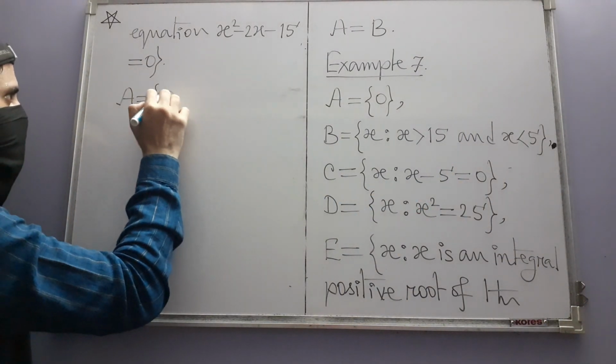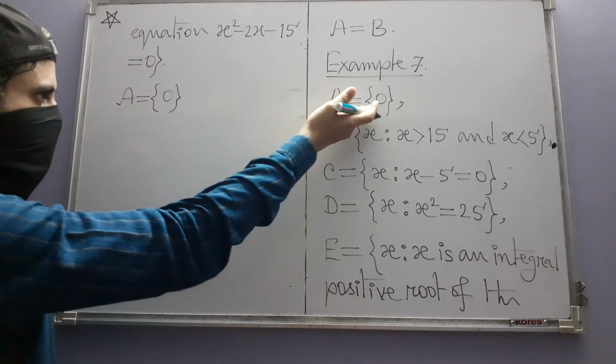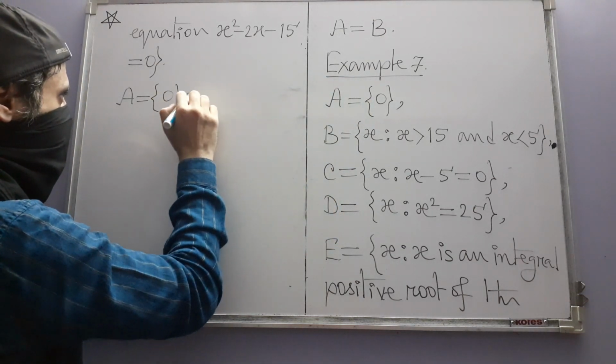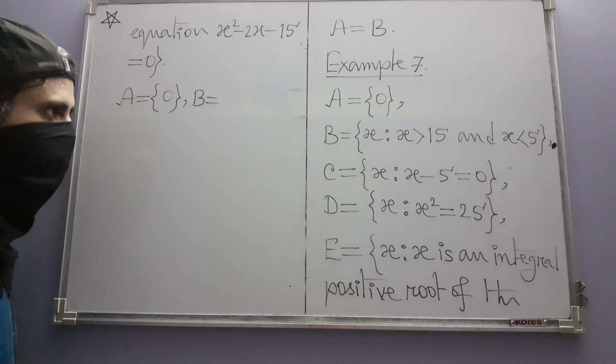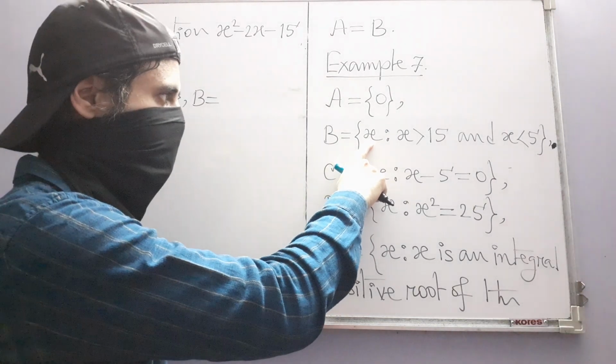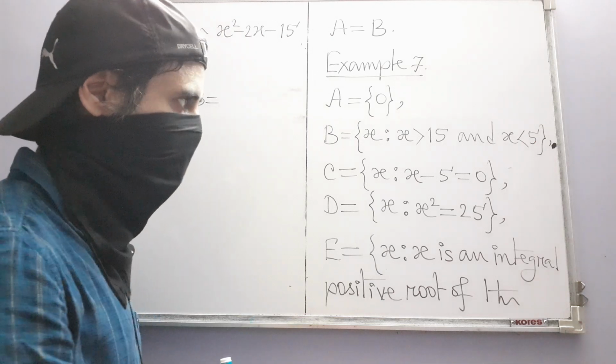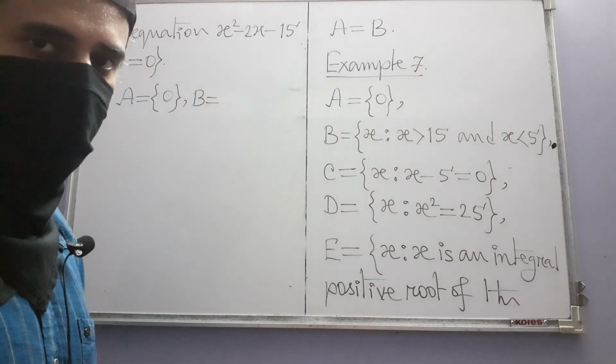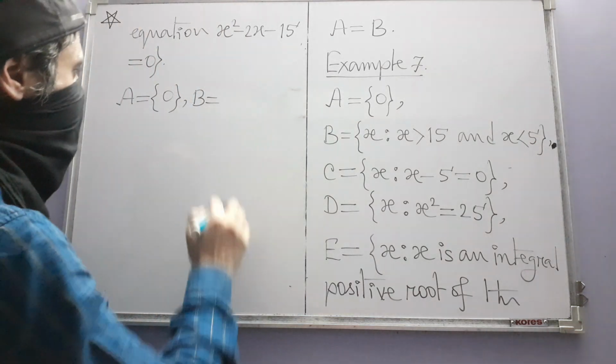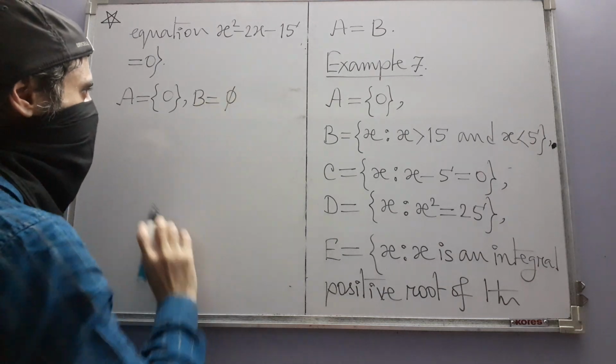A is, of course, already we have the element, the only element in A. What is B? B is the set of all x, of course, a number such that x is simultaneously greater than 15 and less than 5. Is that possible? No. And that is why B is the empty set.